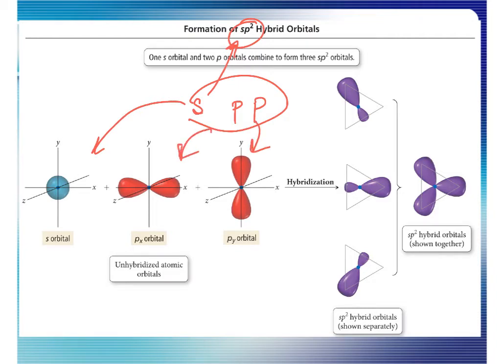Now keep in mind, tuck in the back of your head, that we know in every p sublevel there are 3 p orbitals, okay? So there's a leftover p orbital not being used with sp2 hybrids, okay? So just kind of tuck that in the back of your mind.